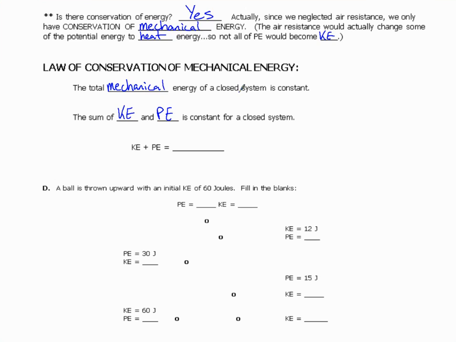Now we've got this term closed system. This means no air resistance or friction. In other words, we could say kinetic energy plus potential energy equals a constant.